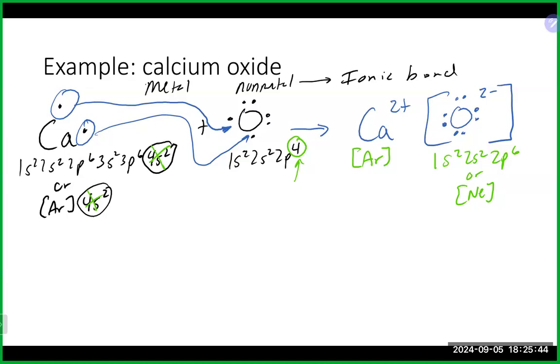It is not. So remember that the only way that you could change an element, right, is to change the number of protons, right? So that's the most important thing. So again, it is still calcium because it still has 20 protons, but it just has the same electron configuration as that noble gas. Same thing with the oxygen.